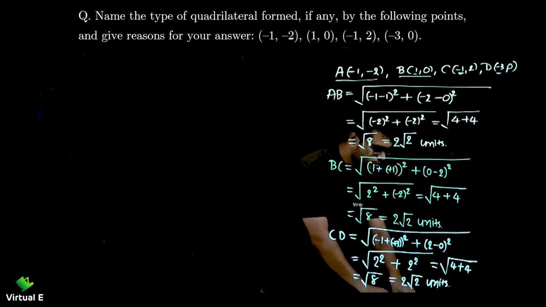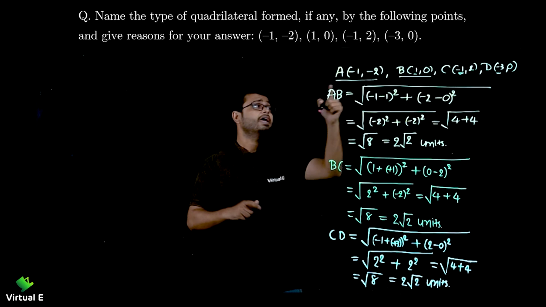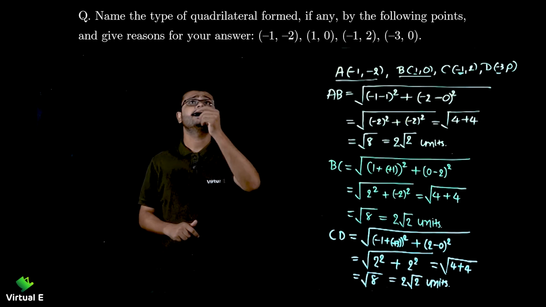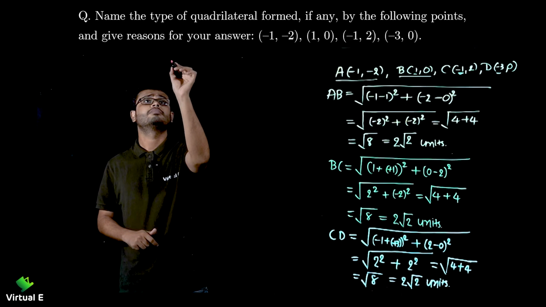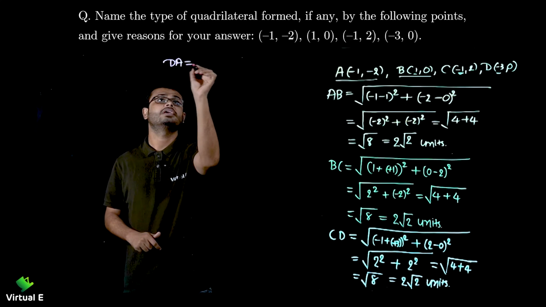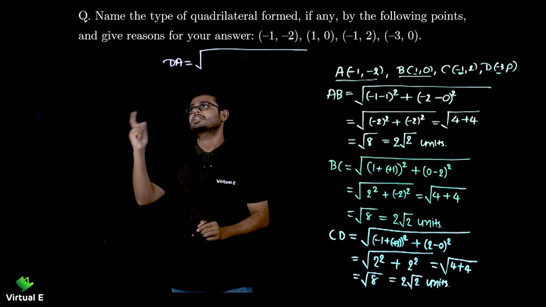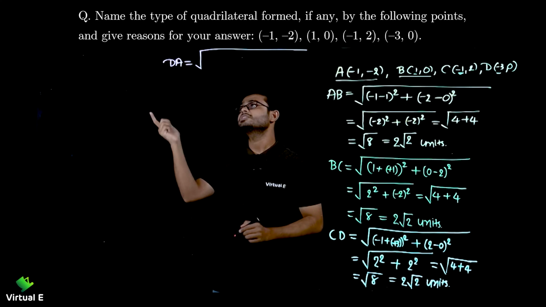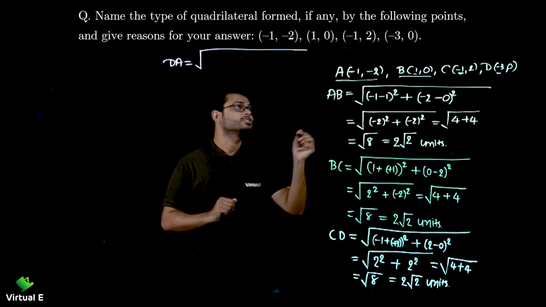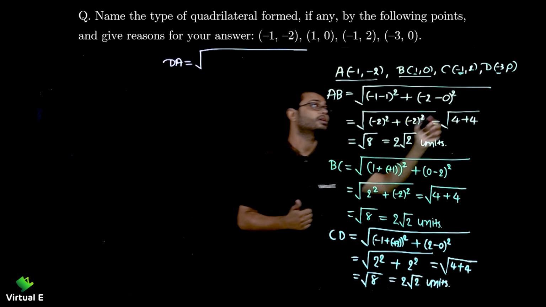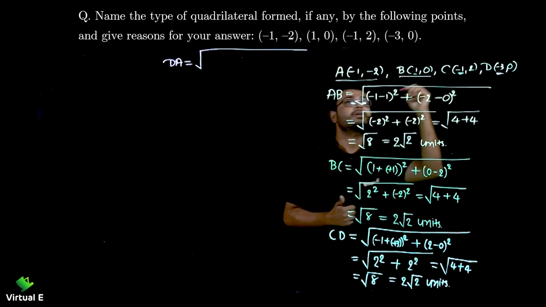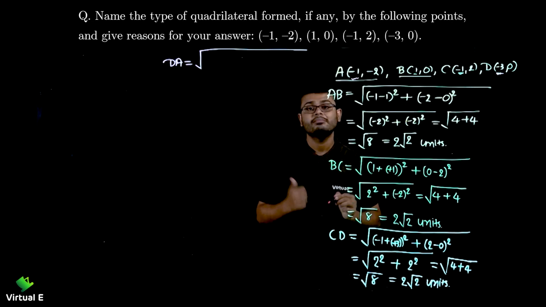Let's talk about the fourth side now, which is what? AD, or you can also write DA. Let's start. My fourth side is DA. So square root, and formula is same, x1 minus x2 whole square plus y1 minus y2 whole square. So in this case, my x1 I will be taking as minus 3 and my x2 will be minus 1.